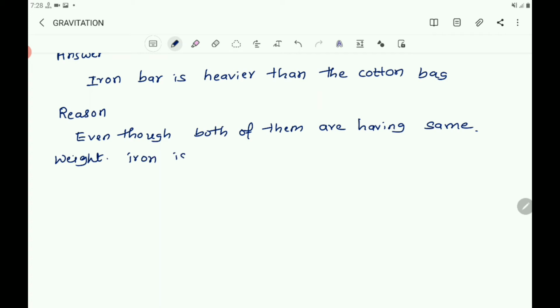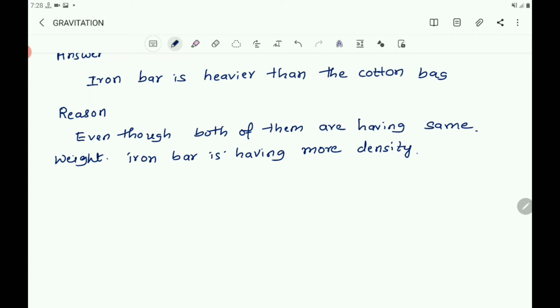Iron bar is having more density, so it will have lesser surface area.